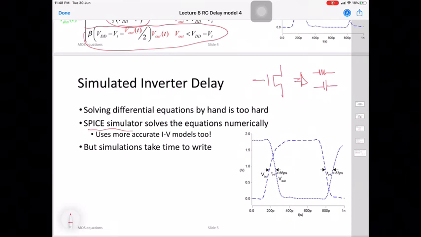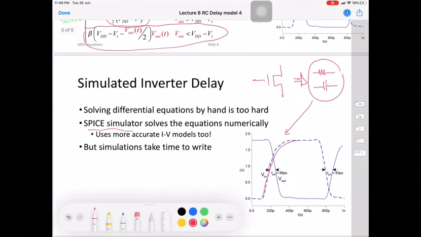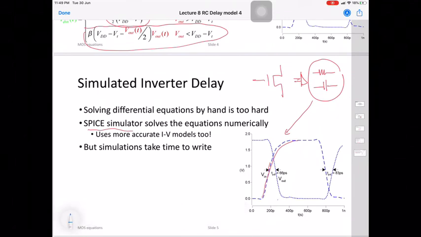The reason why we want to transform the transistor into an RC model is so that we can find out the delay. For example, this is the input, and when does the output come out?